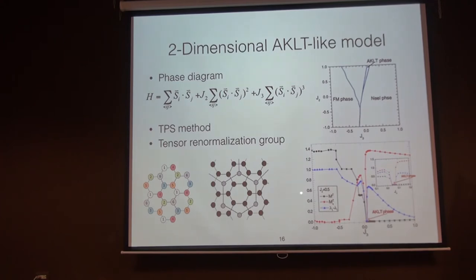In particular, I choose a special case in this figure, J2 equal to 0.1, and we can find for some region all of the local order parameters would be 0. So it could be a topological phase.